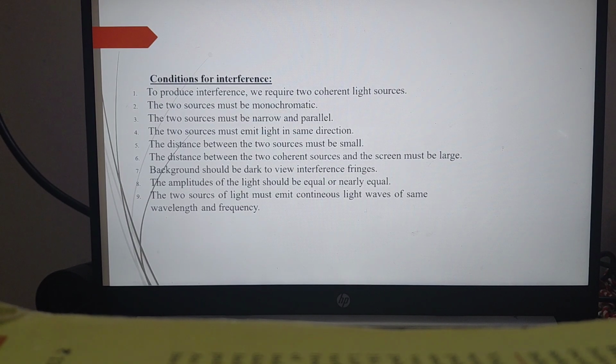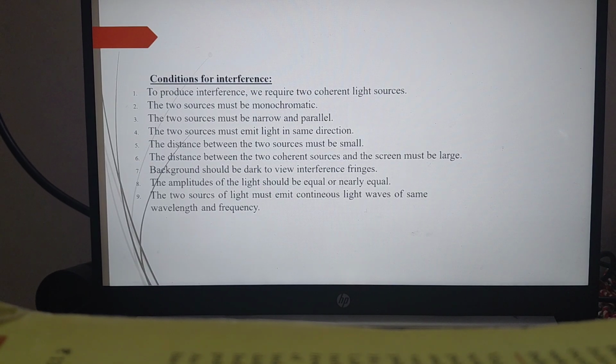So what is the same direction? The sources must emit in the same direction. The distance between the two sources must be small, and the distance between the two coherent sources and the screen must be large.